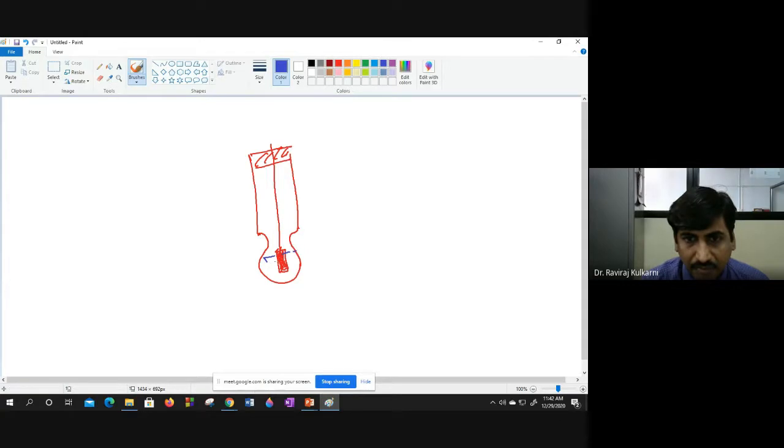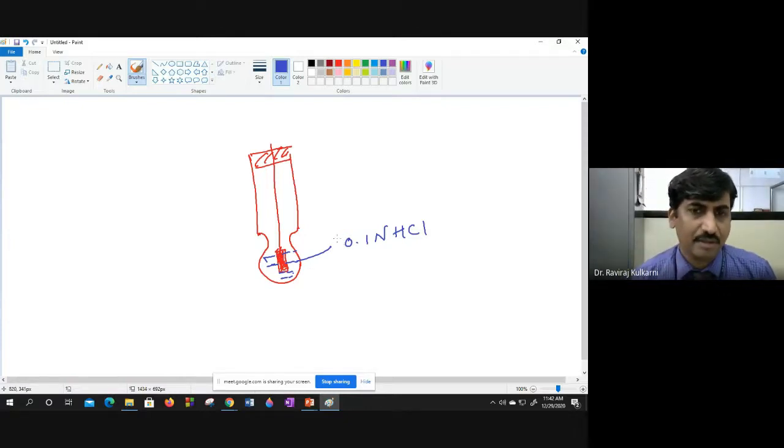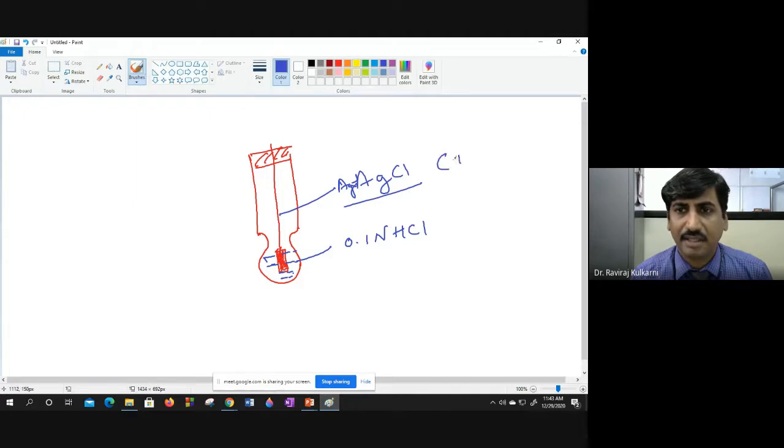Here we have 0.1 N HCl. M and N are the same for HCl because it is a monobasic acid. This is the AgCl, silver chloride electrode, which we call the internal reference electrode.